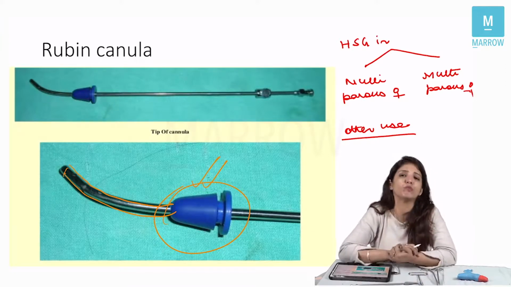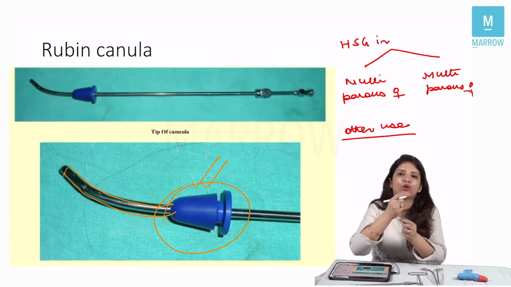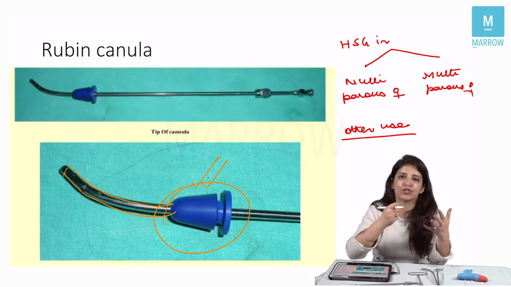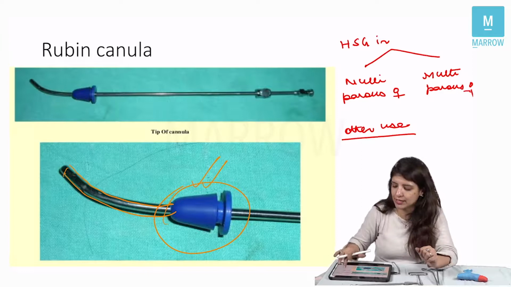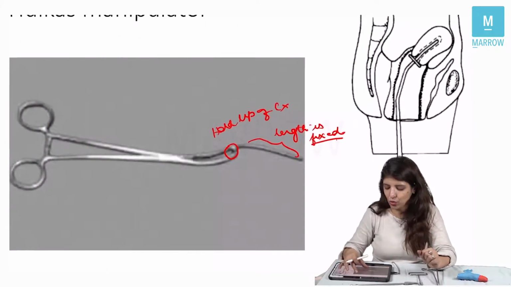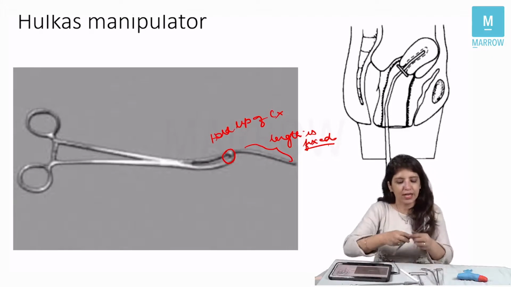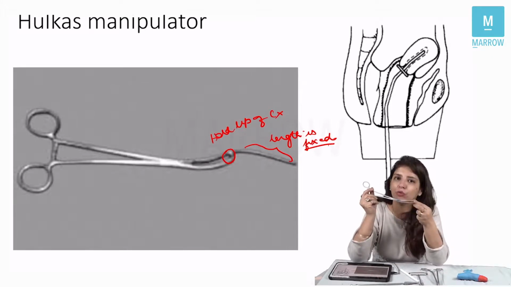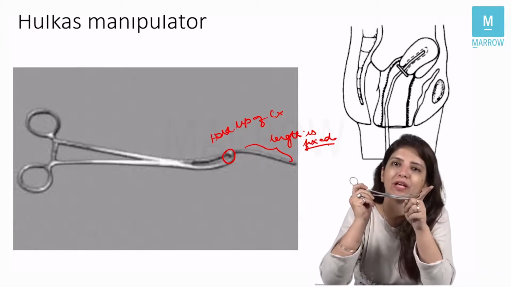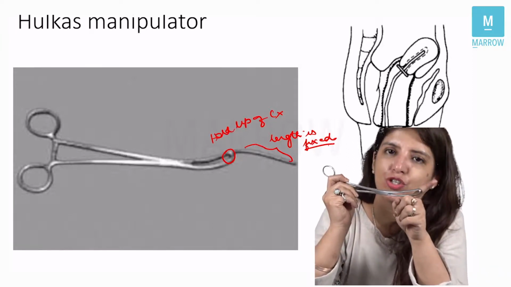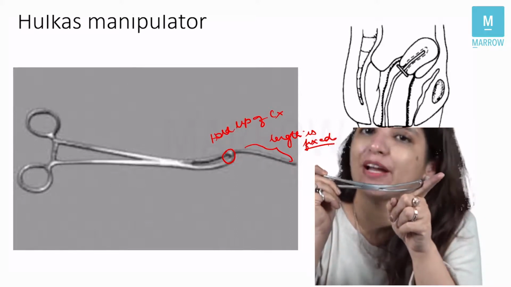Now, if I want to manipulate the uterus, turn the fundus, or turn the uterus during surgeries, in that case we use Hulka's manipulator. This over here is the image of a Hulka's manipulator. It is something like a Vulsellum, but it will have a long rod attached to it, and that becomes a Hulka's manipulator.